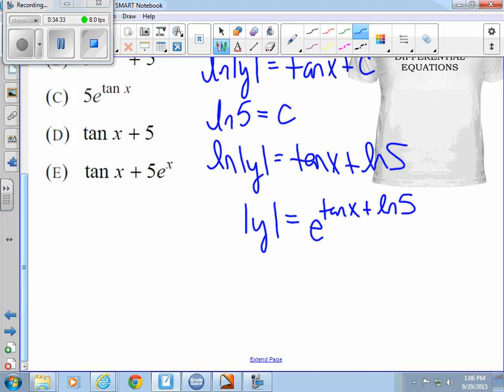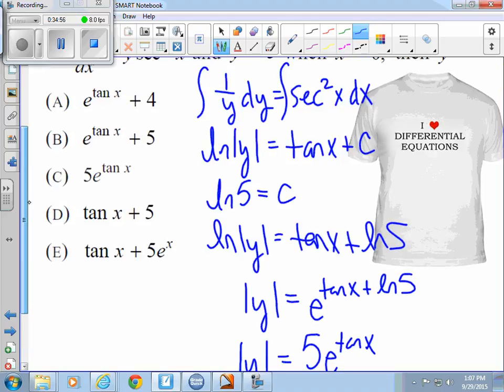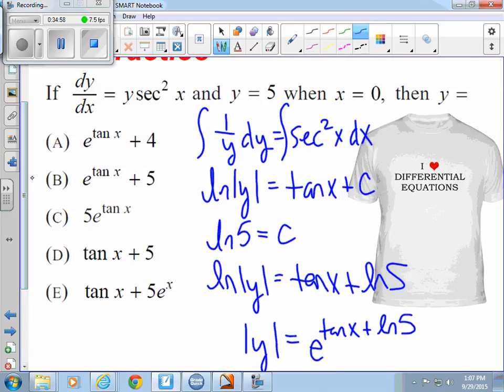Notice that's not an answer choice, right? What do you think they're going to do? Split that up into e to the tangent of x, times e to the natural log of 5, which is going to be 5 e to the tangent of x. And then they don't even make you choose positive. They don't give you the other option today. So it's got to be C.